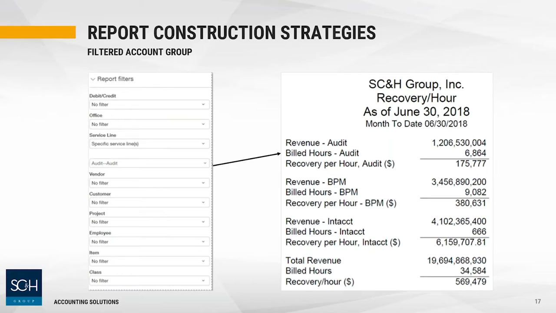So what you can actually do here with this data is create a new account group that filters all transactions by the specific dimension. The example we're going to keep running with is the department. On the screenshot on the left, you can actually see that it filters by the service line audit. And that moves into how we built this report. Each line you see is an individual account group filtered by the department dimension within Intacct.